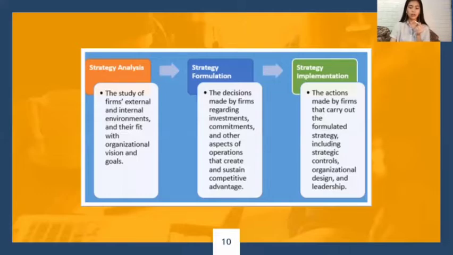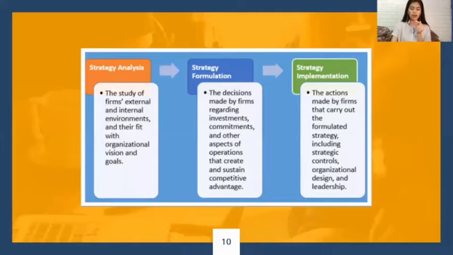While in strategy formulation, we are trying to look for solutions, or we are trying to know more about the options that we have to be able to resolve the conflicts that we may be having, or to be able to create a better platform for us to excel in. And in strategy implementation, this will be the carrying out of our formulated strategies, hence the actualization of our plans.